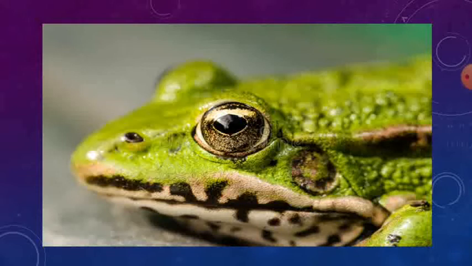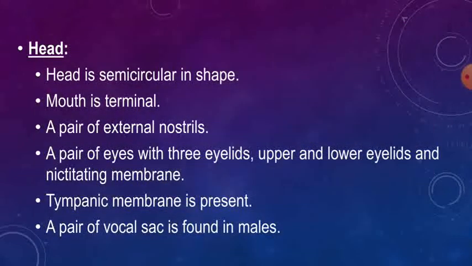Just behind the nostrils there is a pair of eyes, and the eyes are provided with 3 eyelids, upper and lower eyelids and the nictitating membrane. The nictitating membrane is the third eyelid which covers and protects the eye.